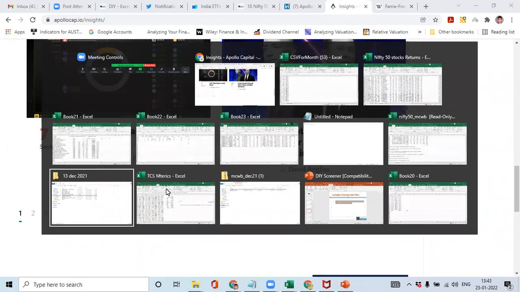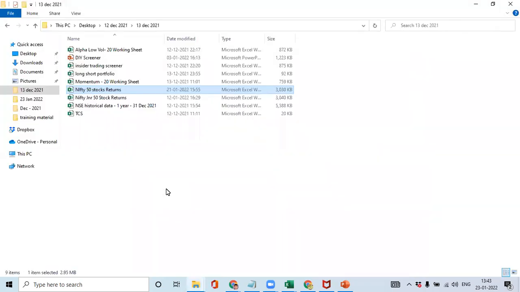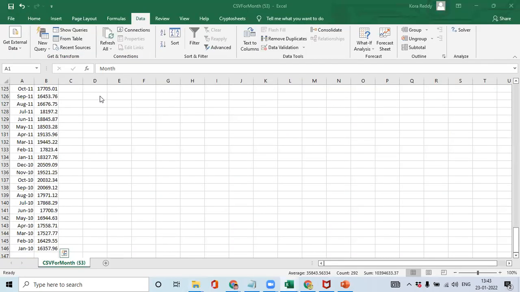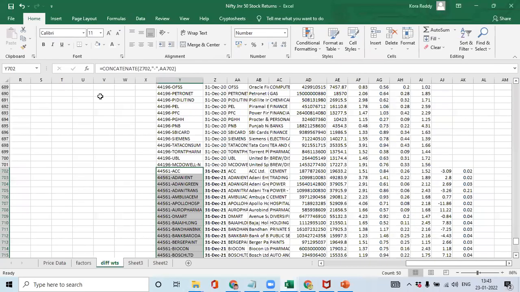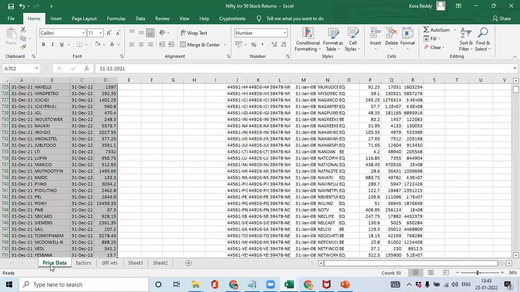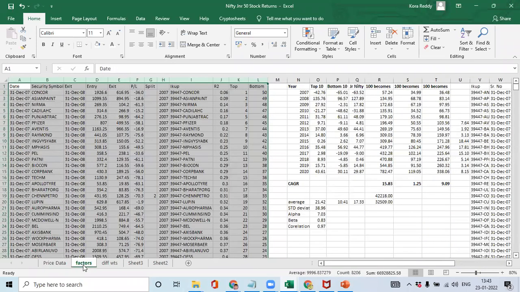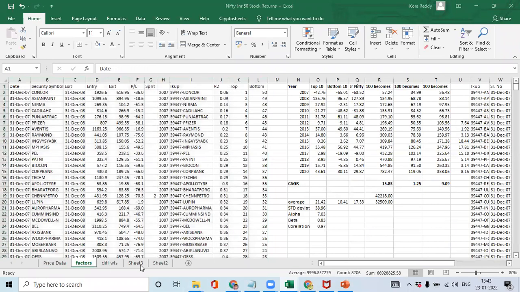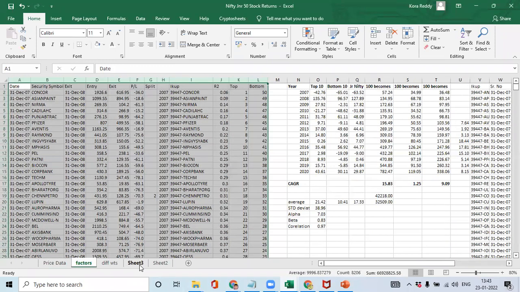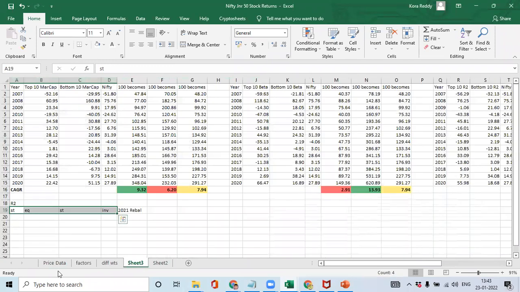So you have seen the Nifty 50 stocks gimmickry, right? You can do the same on Nifty 50 Junior. Same tabs, price data, factors. This is hiding different weights and some sheets, I just kept it for working, right?